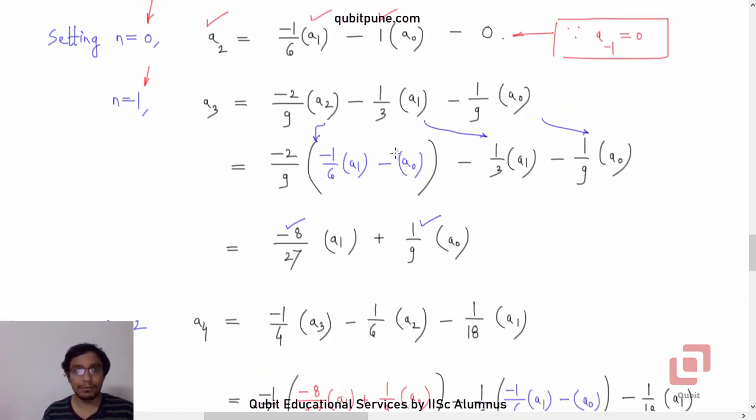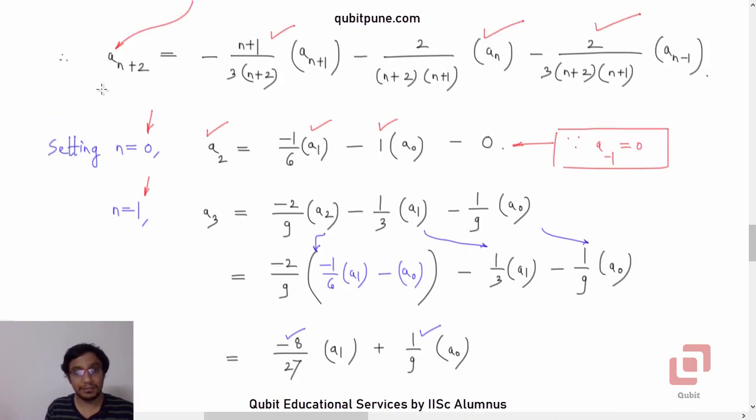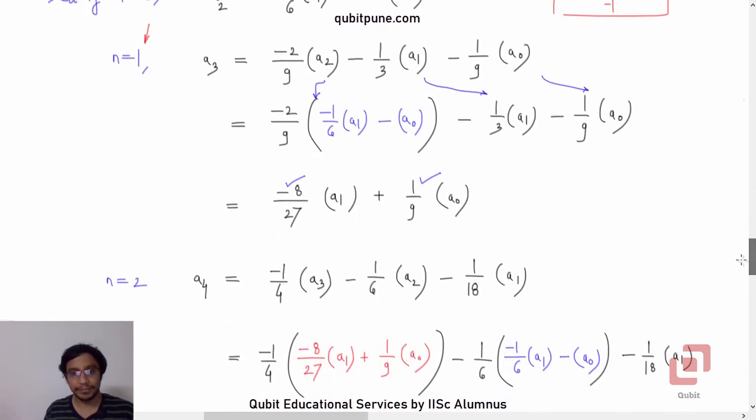So we have to set n equal to 2 now, obviously, in this relation. If we set n equal to 2, we'll get the following: a4 as negative 1 upon 4 a3 plus negative 1 upon 6 a2 plus negative 1 upon 18 a1. Keep a1 unchanged.